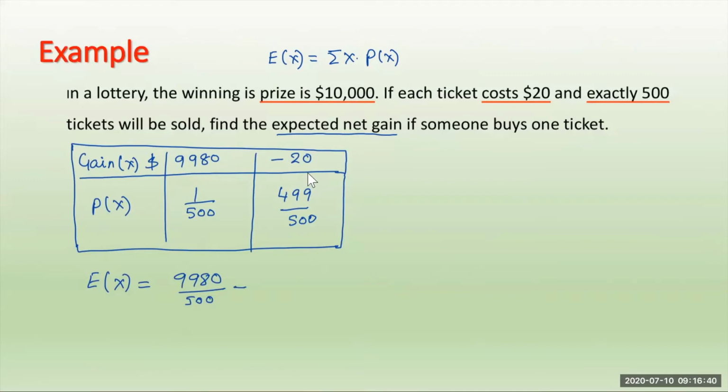And then here you have 20 times 499. 20 times 499 is 9980 again, divided by 500 in the denominator. So you can see these two are exactly the same. When you subtract equal values, you get 0. So the expected gain is $0. The expected or mean gain here is $0.